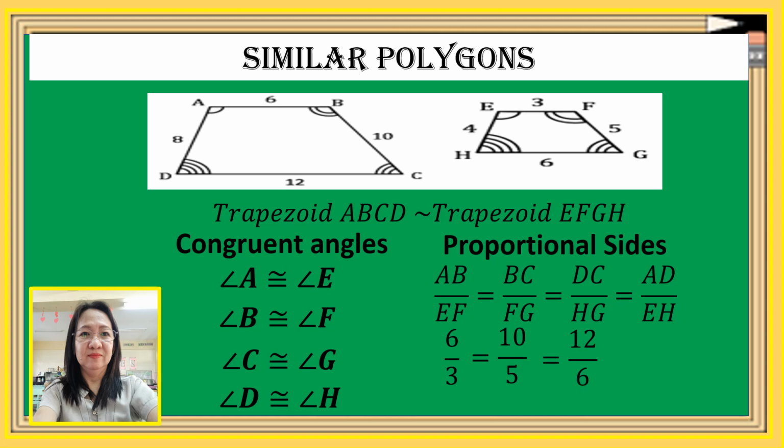Same with DC, which is 12, and HG is 6. And AD is equal to 8 and EH is 4. If all of these ratios are simplified, the result is 2 to 1. There is one common scale factor, and this is 2 is to 1 as the scale factor. That is our way of checking the proportionality of the sides.